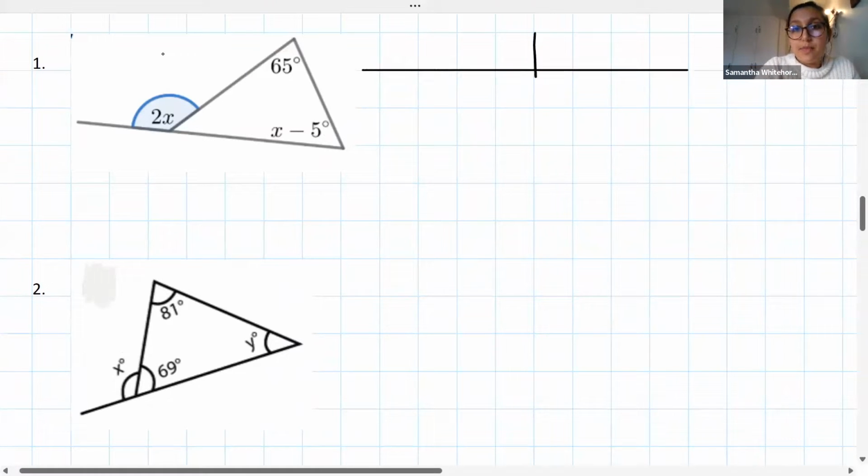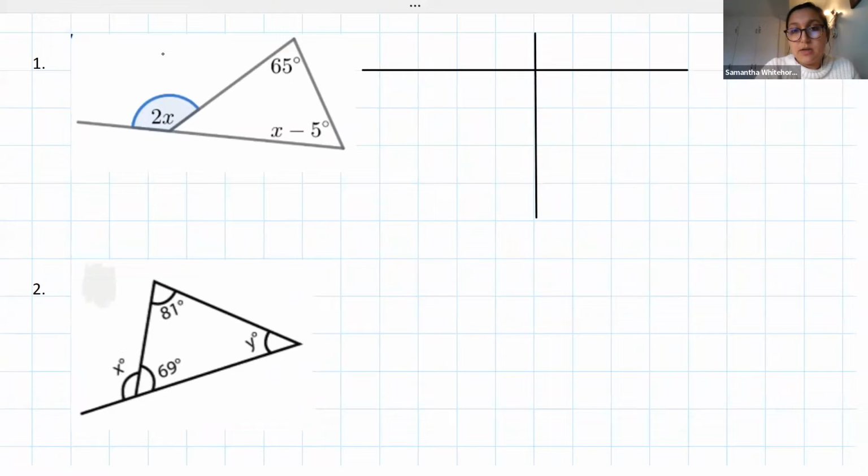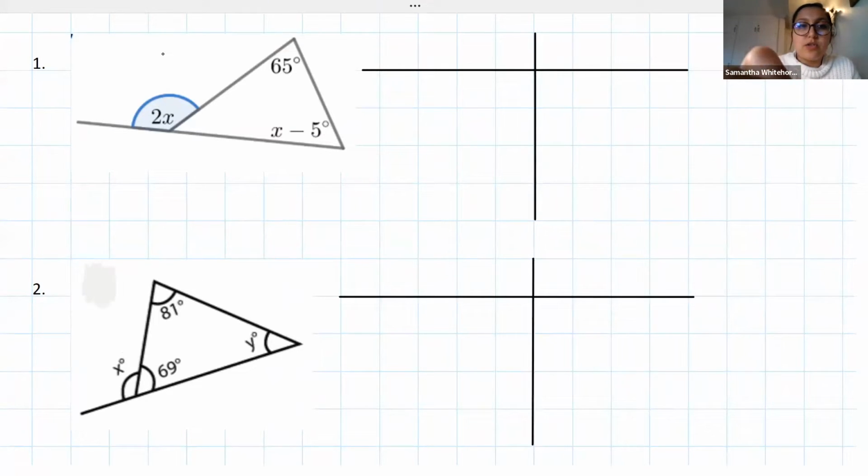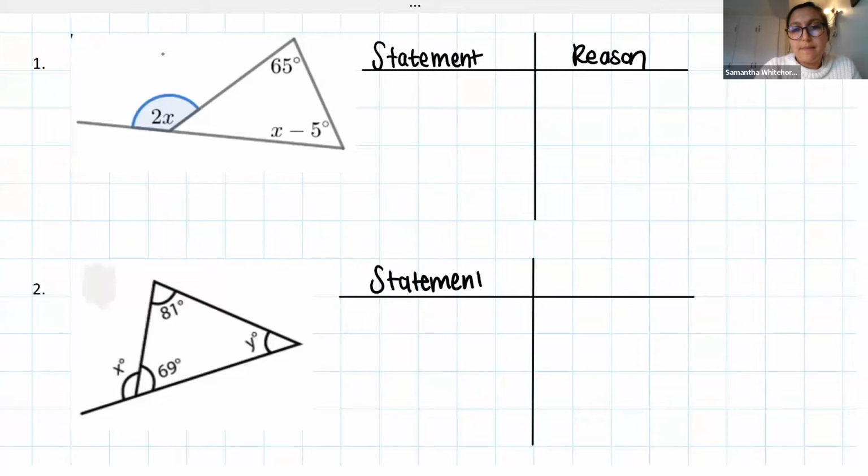Using those 2 reasons, sum of angles in a triangle as well as exterior angle of a triangle, in question 1 work out the value of X, and in question 2 work out the values of X and Y.